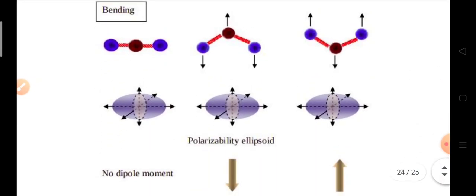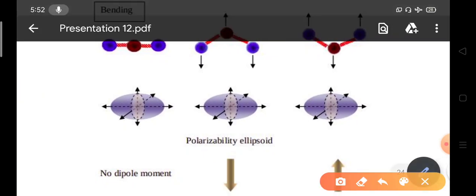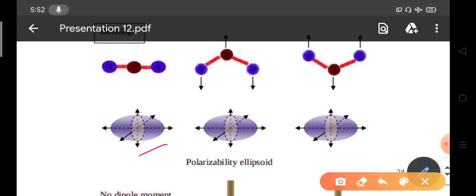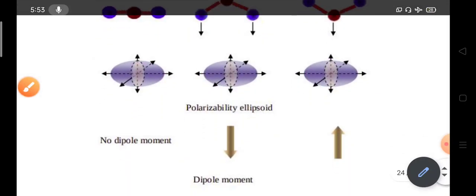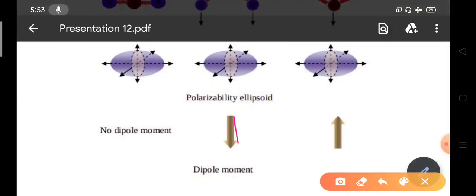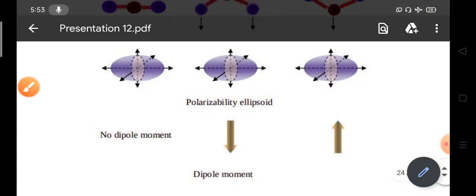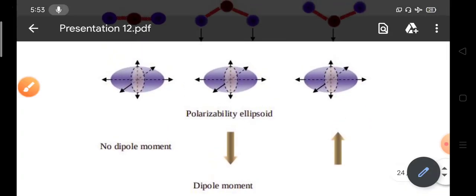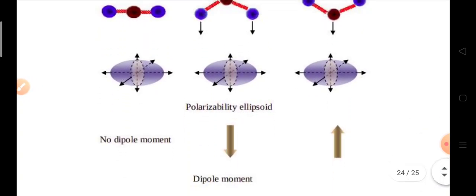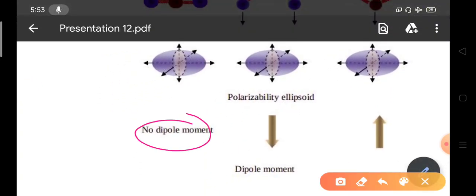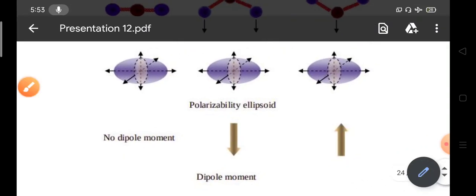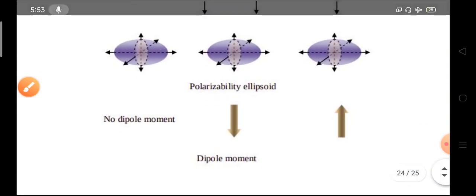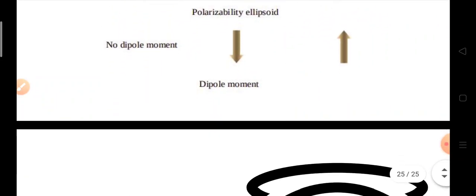Now the bending mode also has no change of polarizability because there is no change in the configuration of the ellipsoid. It remains the same, but there is a change in dipole moment, sometimes this way or sometimes along this way. There is a change in the induced dipole moment, and it will certainly lead to the IR active mode.